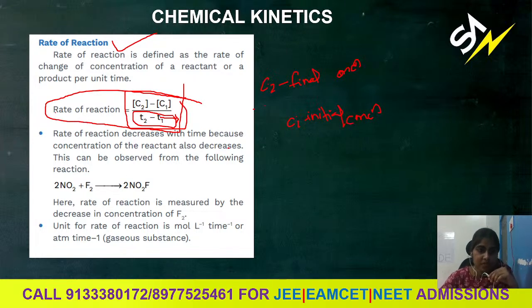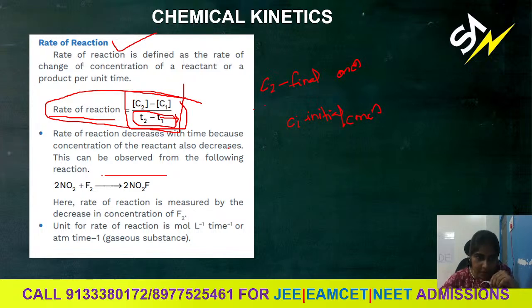Now let's see, the rate of reaction decreases with time because the concentration of the reactant also decreases. Obviously, if the concentration of the reactant decreases, the rate of the reaction also decreases, because the rate of the reaction is directly proportional to the concentration of the reactant.